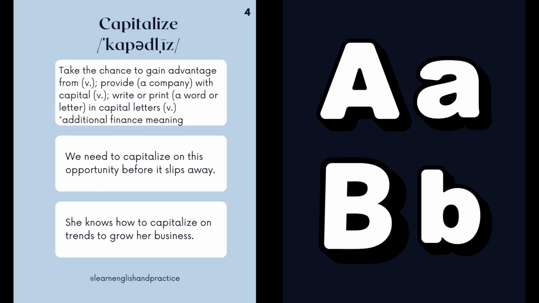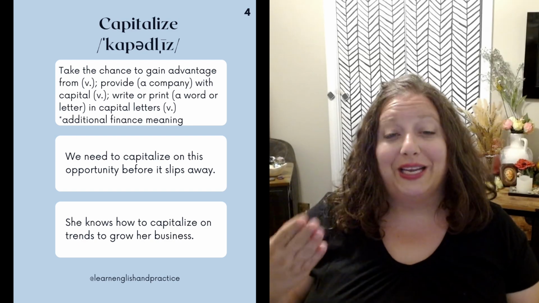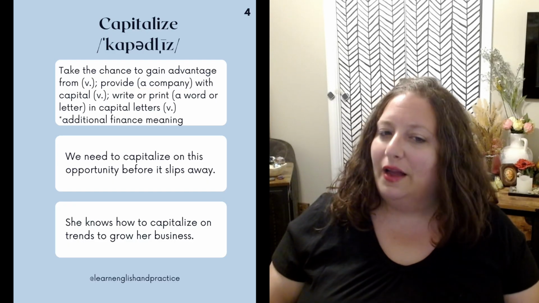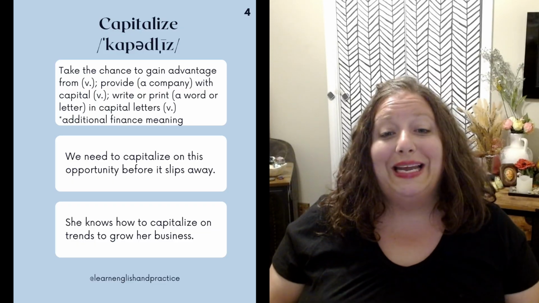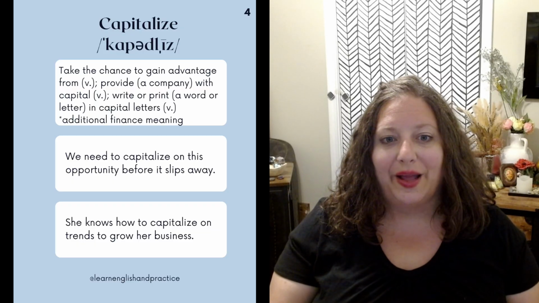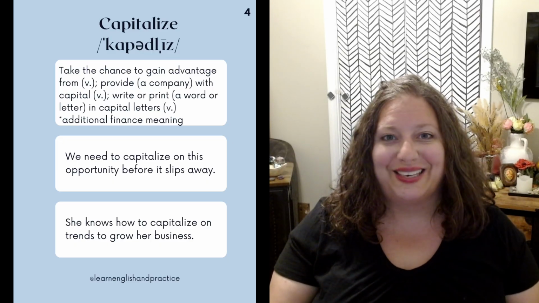The alphabet has lowercase letters and capitalized letters, so you'll hear this word in that context as well. Examples are, we need to capitalize on this opportunity before it slips away. She knows how to capitalize on trends to grow her business.